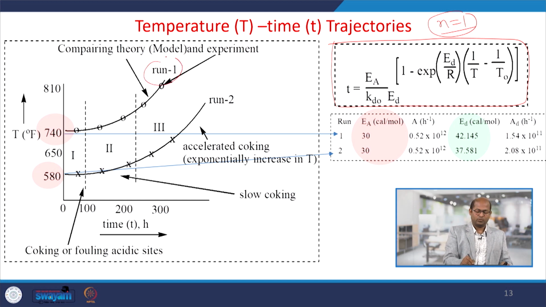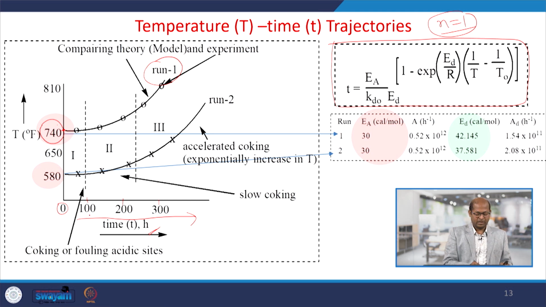Let us say in run 1 we conduct the particular cracking reaction at a particular temperature, let us say 740 degrees Fahrenheit, where we started the reaction. On the x axis time is progressing, 100, 200, 300 hours. At 0 hour, at the beginning, the temperature of the reactor was this.